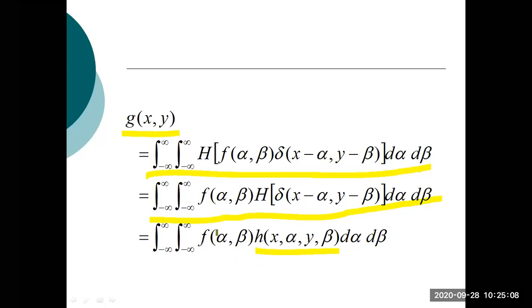Actually this is a spatial domain, F is a spatial domain. Already we know the delta function is 1 only at x equal to 0 and y equal to 0, in both directions. So capital H becomes small h in the spatial domain.